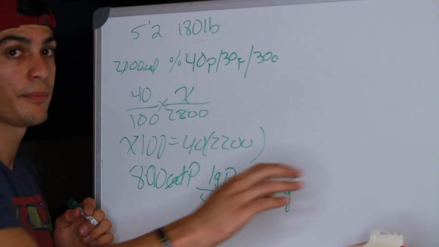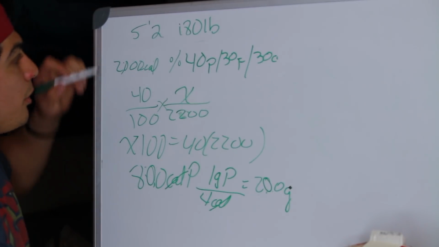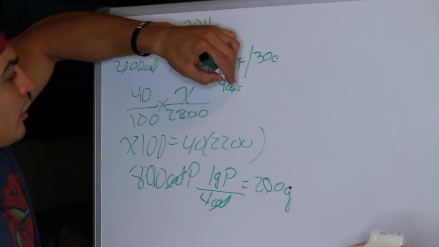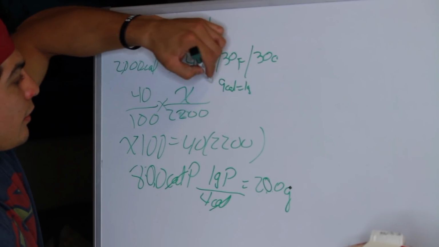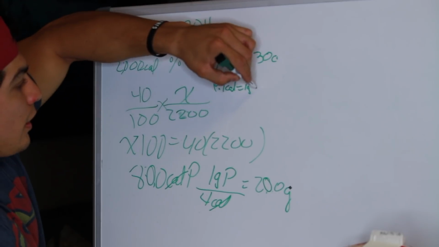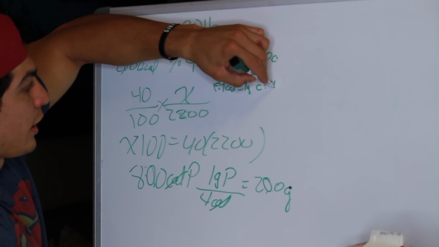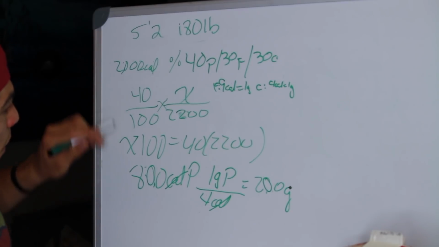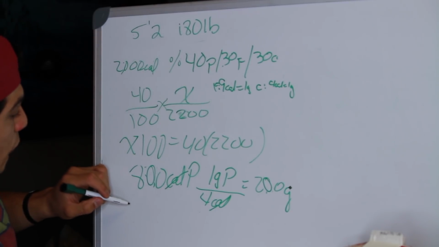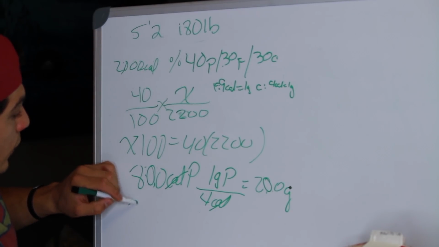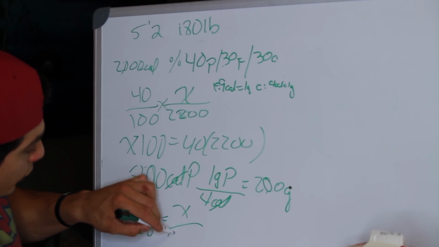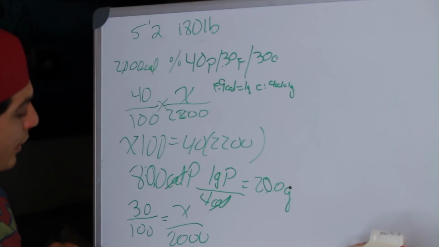Okay, next we have our fats and our carbs. So are they going to be the same? No, because remember, fat is equal to 9 calories per 1 gram. And carbs is equal to 4 calories for every 1 gram, right? So if we have 30%, 30 over 100 is equal to x over, now we have 2,000, right?